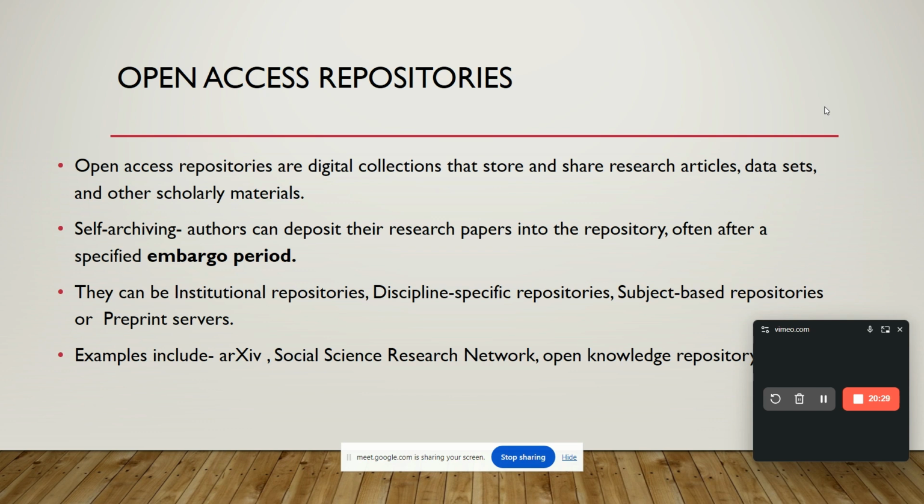There are also others on the internet, for example arXiv, the Social Science Research Network, Open Knowledge Repository. These are just examples. There are a lot more on the internet. And also we have a list of these on the CUZ Library website.